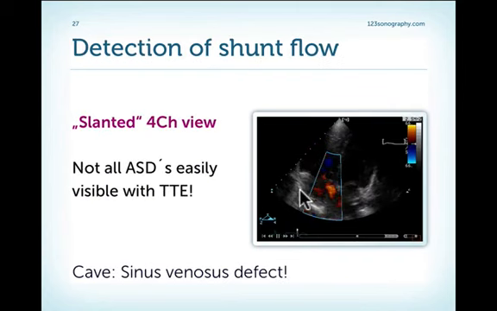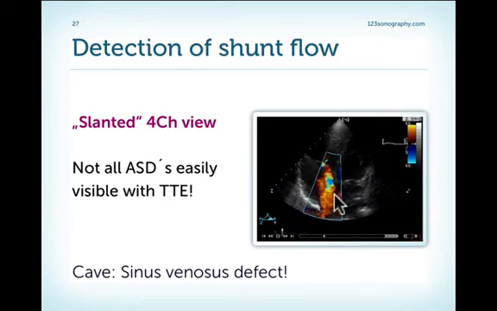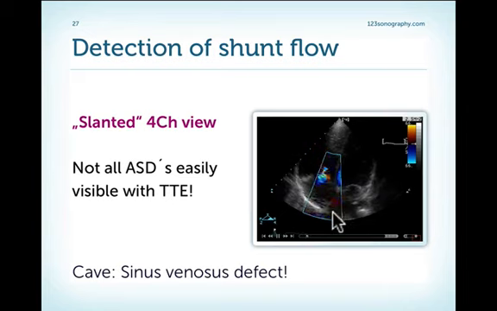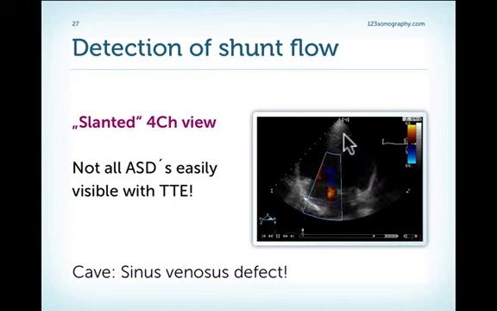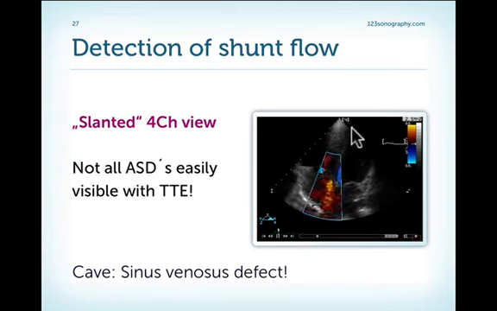How do we detect the shunt? In most instances, this can be easily done with color Doppler, at least for the primum defect and for the secundum defect. It may require that we go away from the regular four-chamber view and change our transducer position more or less to the middle, and see that we then have a more or less oblique direction of our septum and a better angle of incidence.